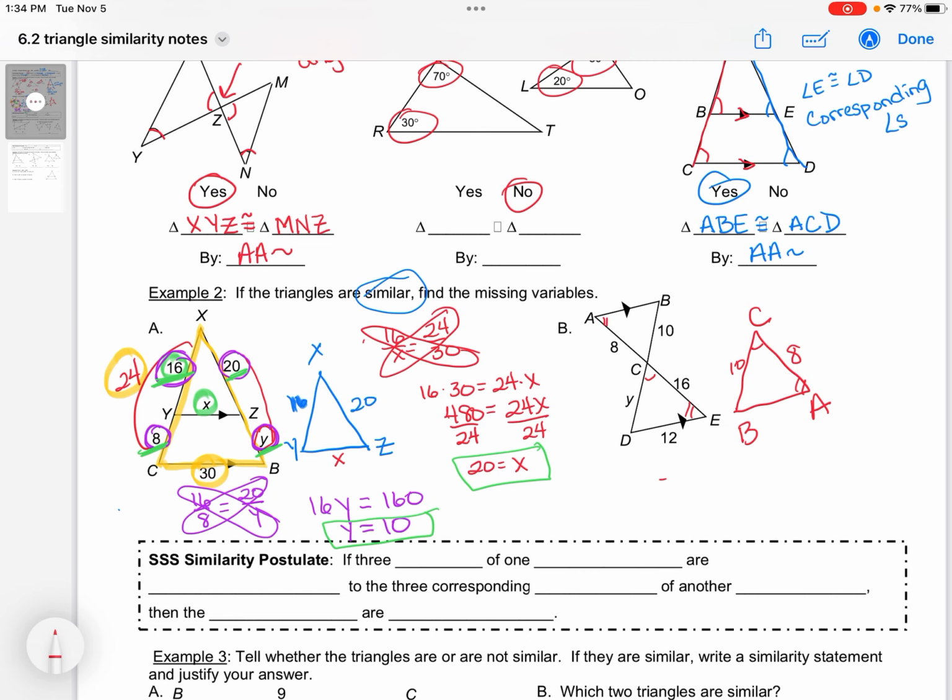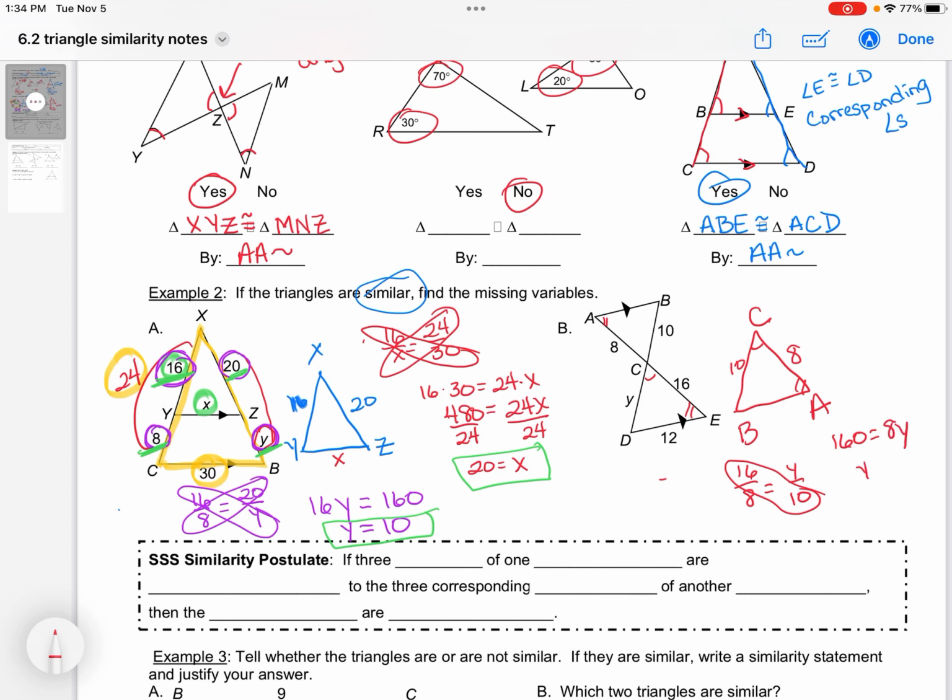So 16 over 8 equals y over 10, which totally gives me 5, which is what I was trying to get, except it didn't. What's 160 divided by 8 is not... I'm going to have to leave this one for now.